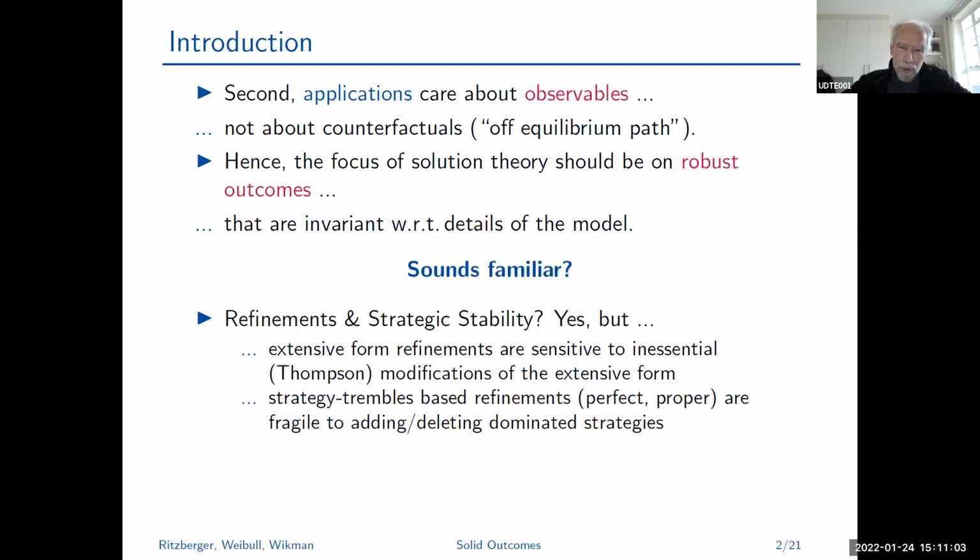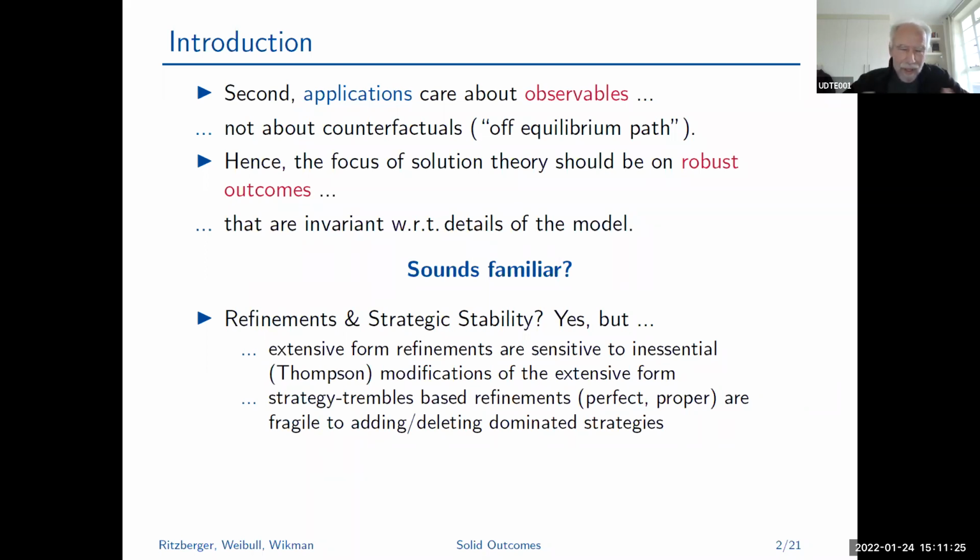The other approach, by imposing strategy trembles that dates back to Selten's ideas, like perfect and proper equilibrium, they have another disadvantage, namely they are fragile to adding or deleting dominated strategies, which is also not very nice, right?